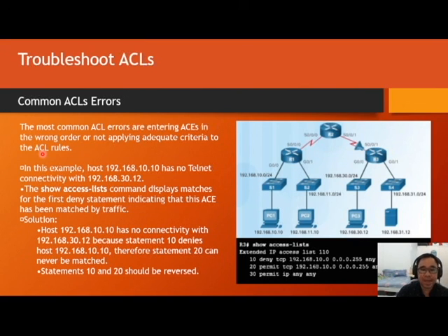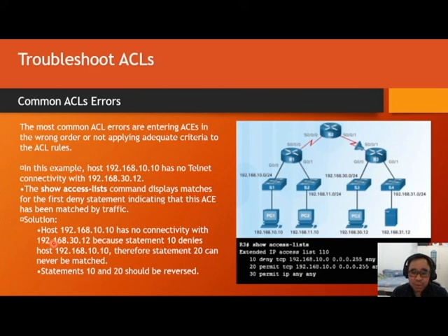So common ACL errors are entering ACEs in the wrong order or not applying adequate criteria to the ACL rules. So in this example, the host 192.168.10.10 has no telnet connectivity with 192.168.30.12. Deny TCP, as you can see from this.